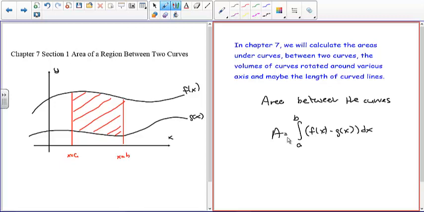And what has to happen is that f of x has to always be greater than or equal to g of x. So they don't switch positions.